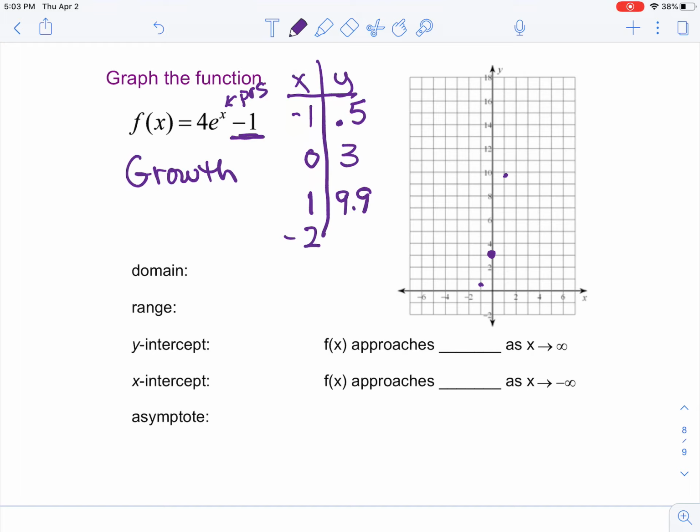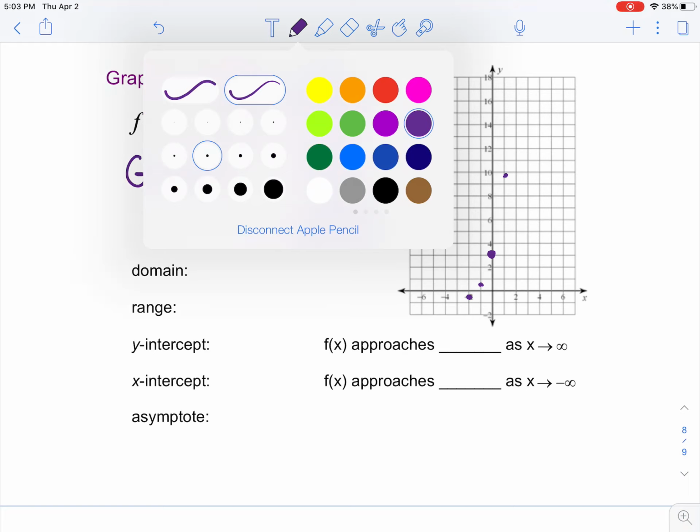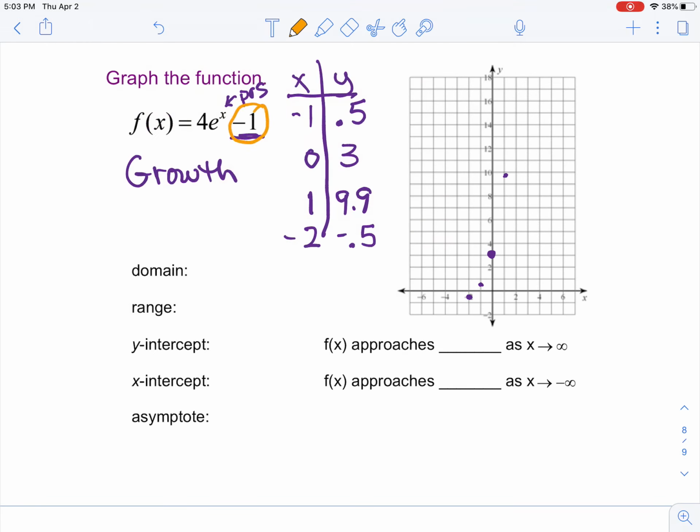And I get -0.5. That's a little bit different because where is our asymptote normally? Our asymptote is normally at y equals 0, but since this whole thing shifted down 1, my asymptote is going to be sitting at y equals -1.